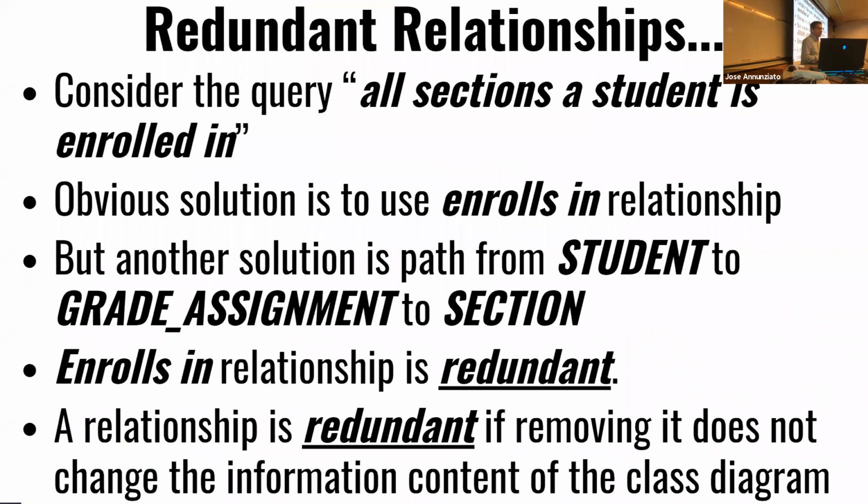Also, we need to consider redundant relationships, and what we mean by that is that if you have a question for a database, is there more than one way that you can answer it? And there shouldn't be. If you can answer a query in a database in two different ways, that means there's a redundancy in the database, and you should eliminate it.